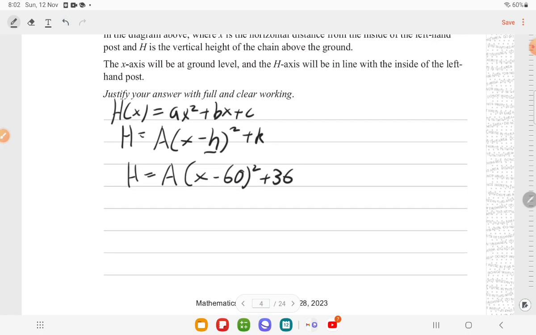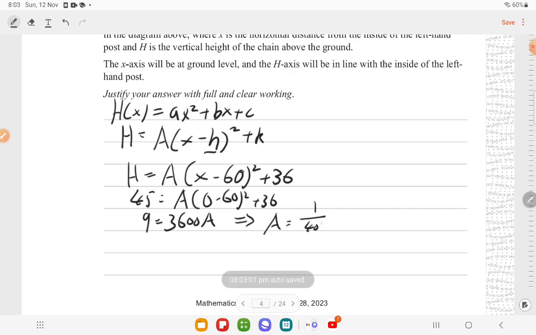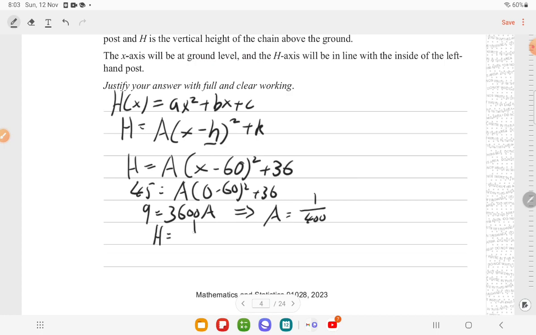So 45 is equal to a(0 take away 60) squared plus 36. 9 is equal to 3600a, which gives a is equal to 1 over 400. h is equal to 1 over 400 of (x take away 60) squared plus 36.